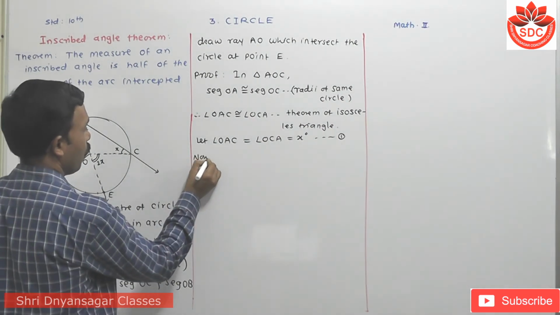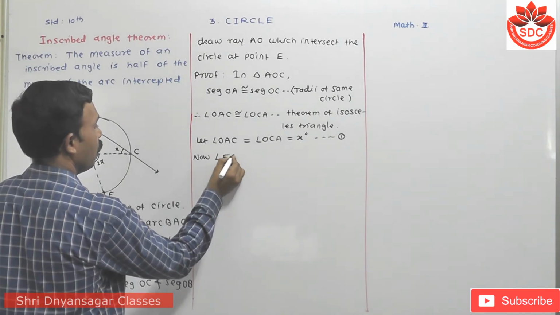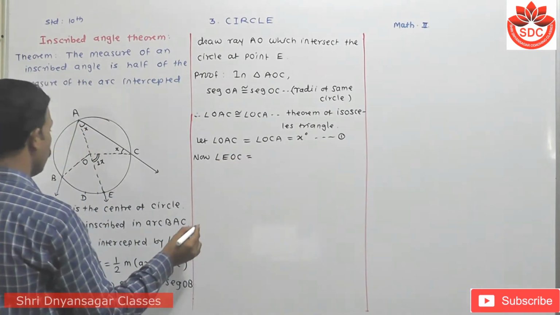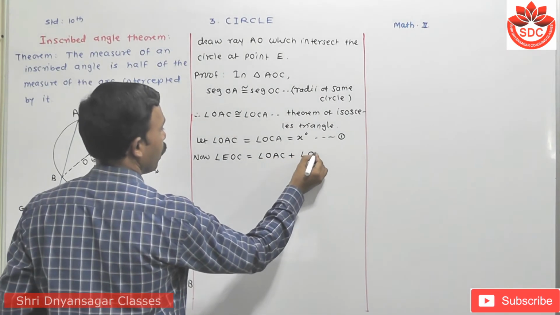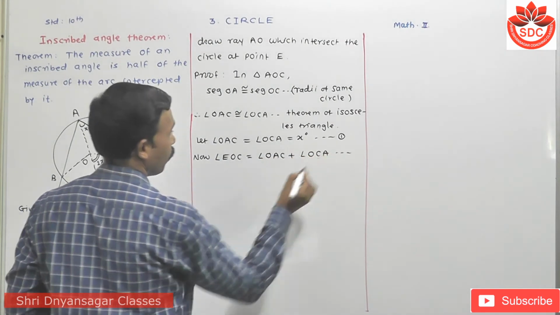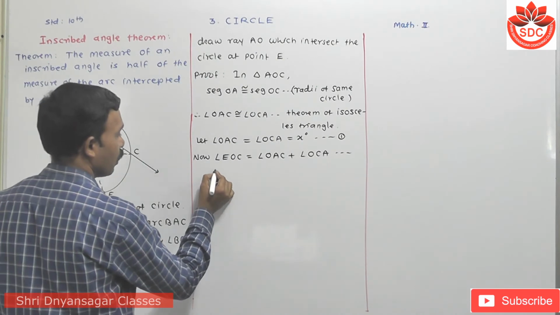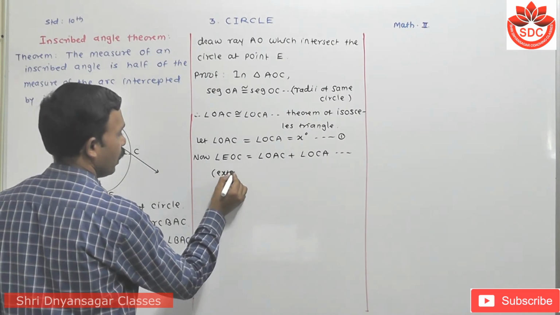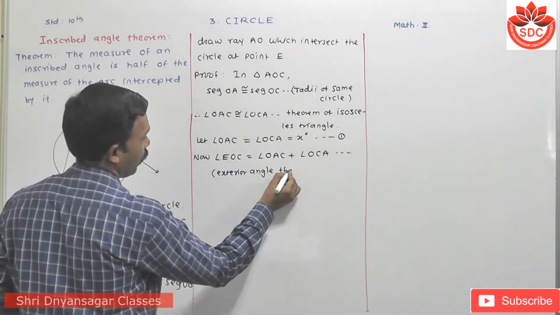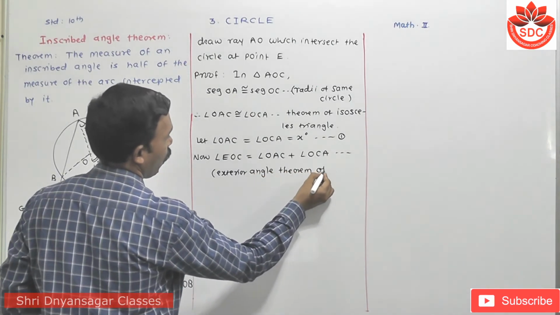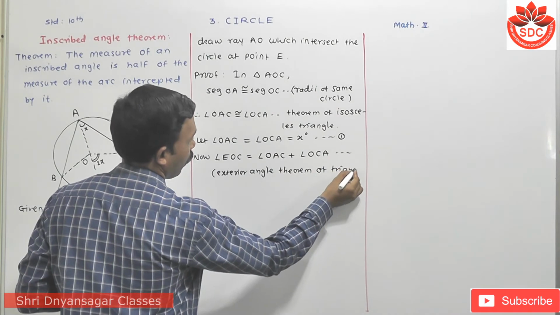Now angle EOC is equal to angle OAC plus angle OCA, because by using the exterior angle theorem of triangle.